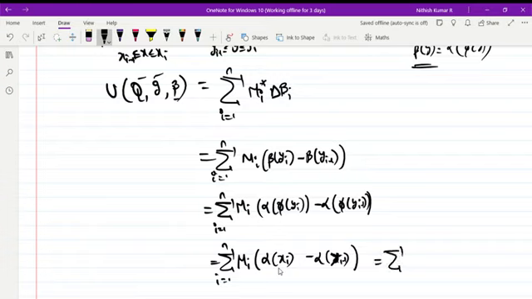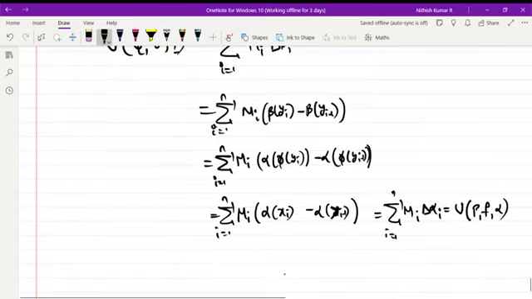Okay. Now which is equal to the summation i equal to 1 to n of capital Mi into delta alpha i, and what is this? It is nothing but U of P, f, alpha.